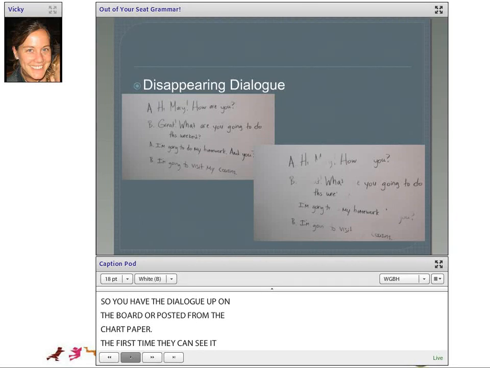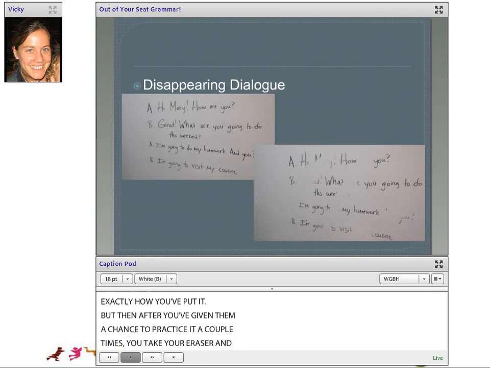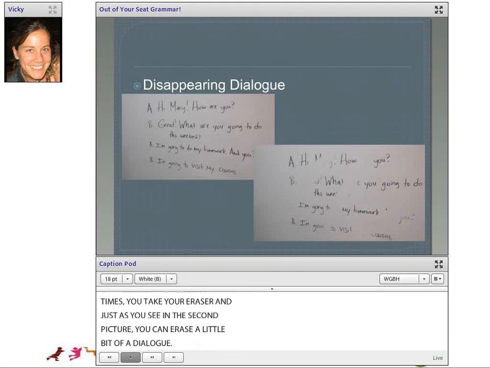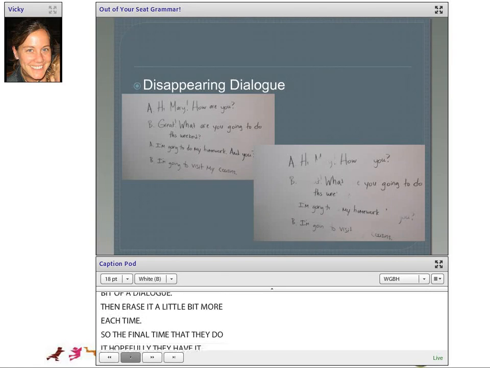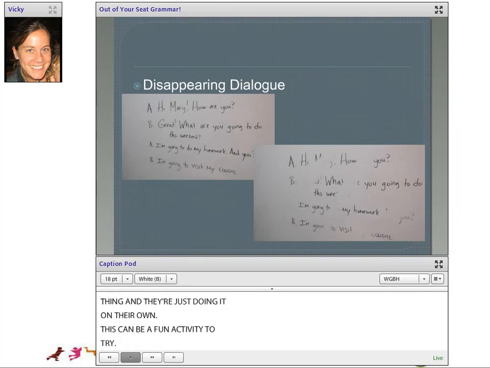But then after you've given them a chance to practice it a couple of times, you take your eraser, and just as you see in the second picture here, you can erase a little bit of the dialogue and then erase it a little bit more each time, so that the final time that they do it, hopefully they have it memorized by then, and they're saying it a little bit more naturally each time. So by the time that they're finishing, you have the entire thing erased and they're just doing it on their own. This can be a fun activity to try, and useful because it gets them not depending on reading it, but trusting themselves to say it more naturally.